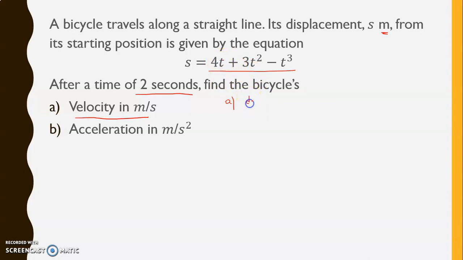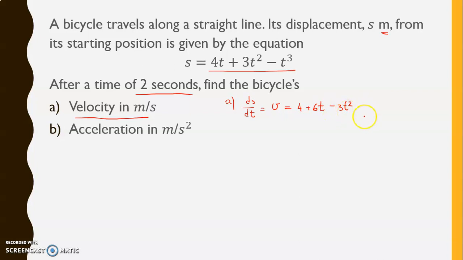So ds dt is equal to velocity, which in this case, let's differentiate this. 4t, we multiply by the power and subtract 1 from the power. So the derivative of 4t is 4, plus 6t, minus 3t squared.